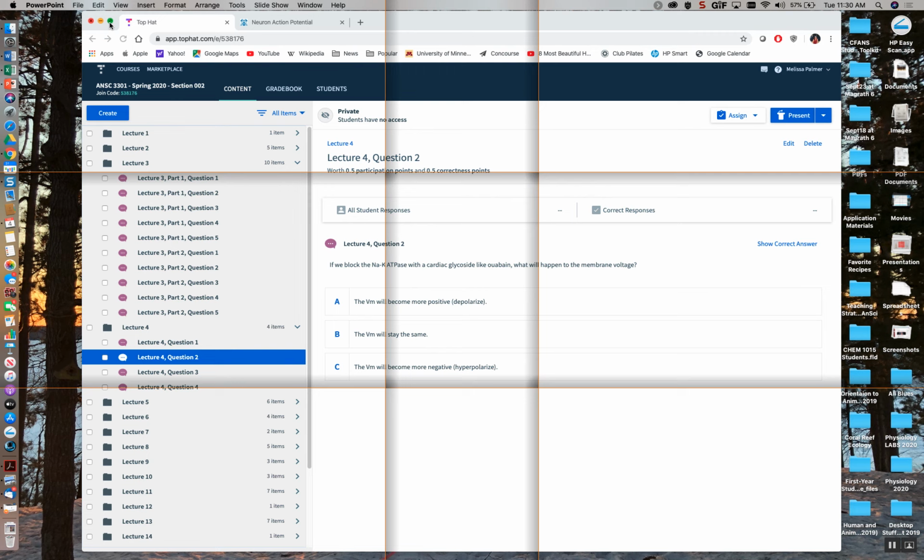So what you can say is this is a very large driving force. So for potassium, it's actually going to be minus 70 minus minus 80, so minus 70 plus 80. So that's going to be 10. So it's small.